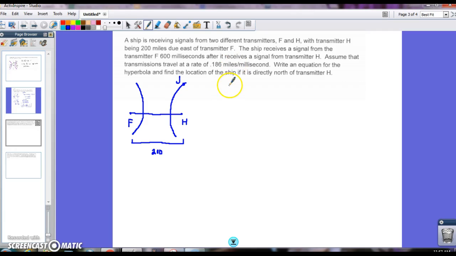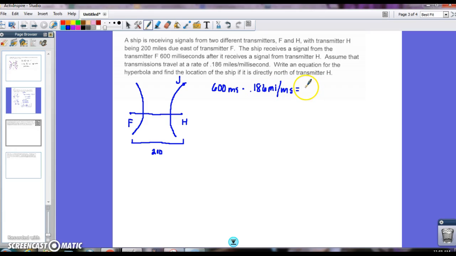So again, what I need to find first is A. In order to find A, I need to find 2A. 2A is the difference between the distances, the difference between the distance from J to F and the distance from J to H. Okay, so if I take that 600 milliseconds and multiply it by 0.186 miles per millisecond, because that's the speed at which it travels, right?